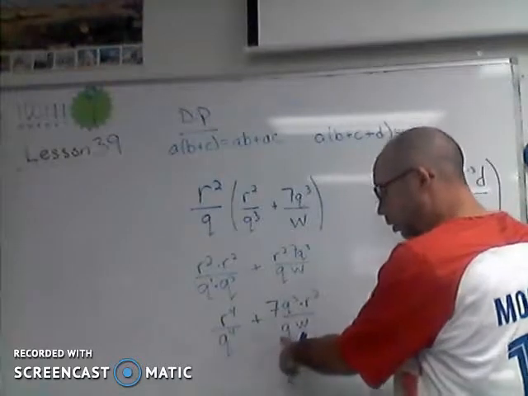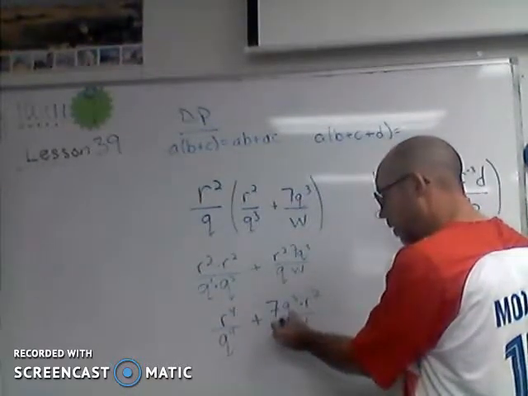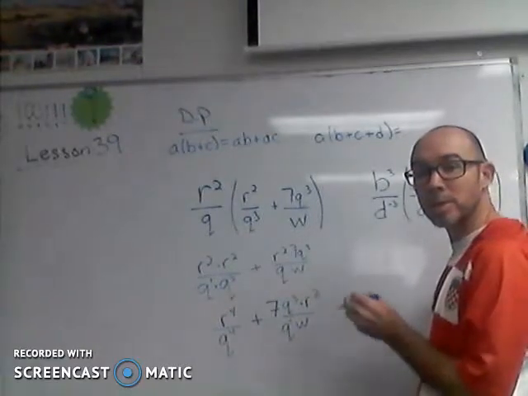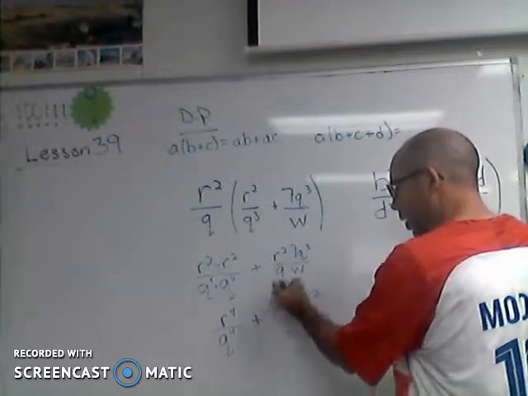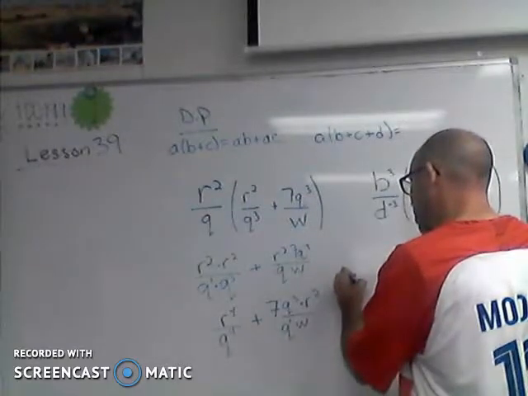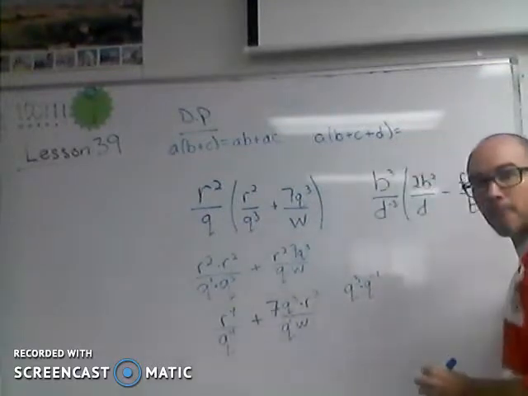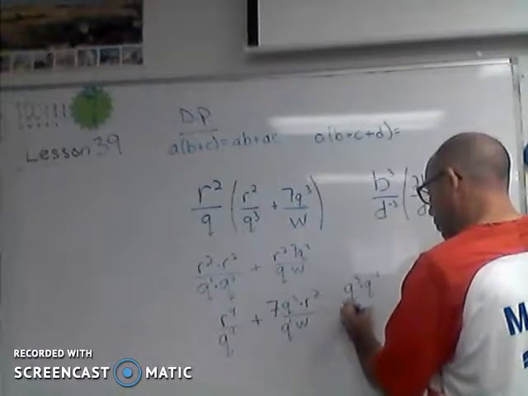And if you remember our rule, if we've got one of these down in the denominator with our imaginary power of 1, we can bring it up to the numerator as long as we change the sign on it. So if we combine this piece right here, the q cubed over the q to the 1, we would have q cubed times q to the negative 1. And then those two get combined by applying the power rule.